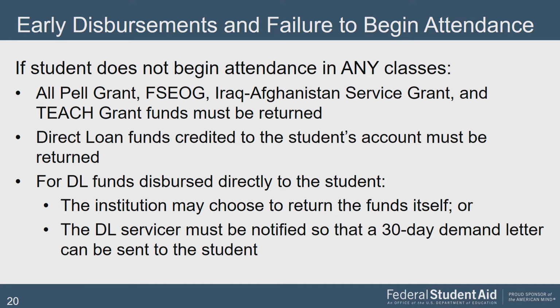But if you disperse direct loans directly to the student or to the parent, you can choose to return the funds yourself and then collect from the student, or you can choose to just notify the servicer and let the servicer take on the responsibility of collecting from the student, because it's already been dispersed to them, so they're under the normal payment rules.